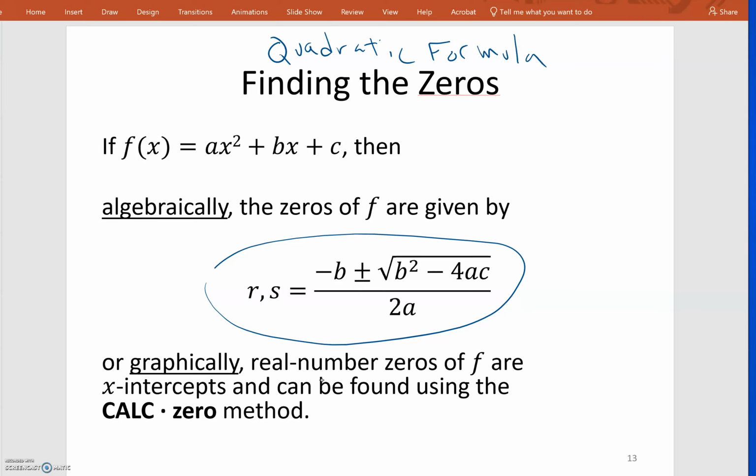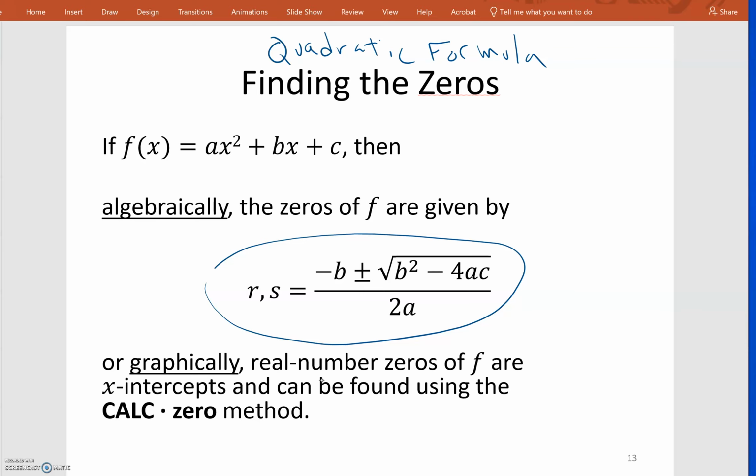This is a purely algebraic way of finding the zeros, and it again uses the coefficients, and the zeros are given by -b plus or minus the square root of b squared minus 4ac over 2a.